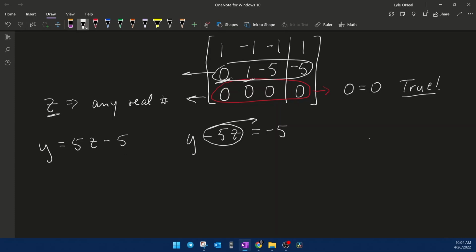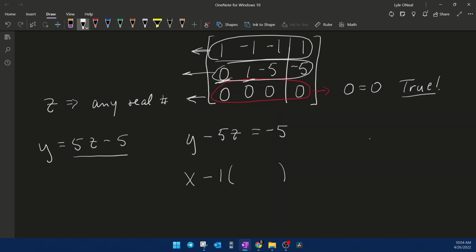And then the next step is to figure out what x is. And that means going all the way back to the original equation. Here at the top, we're going to convert this first row back into an equation and solve for x. So that's going to give us x minus 1 times y.